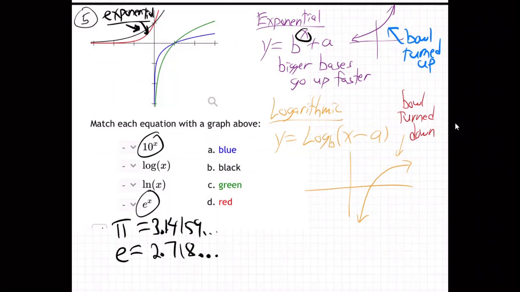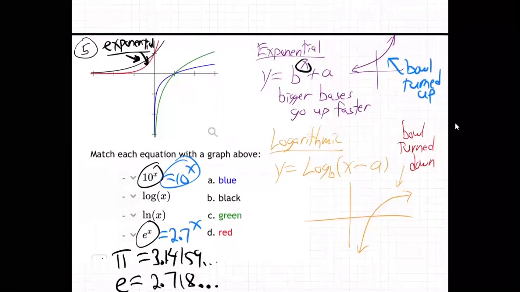So this one right here is like saying 2.7 to the x, and this one's 10 to the x. So which one's bigger? Well, that one's bigger, right? 10 to the x is bigger. Remember what I said up here, bigger bases go up faster for exponential. So which one of those is the bigger base? This one, up faster. 10 to the x is going to go up faster.